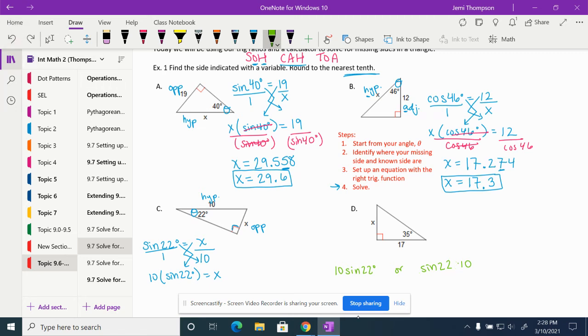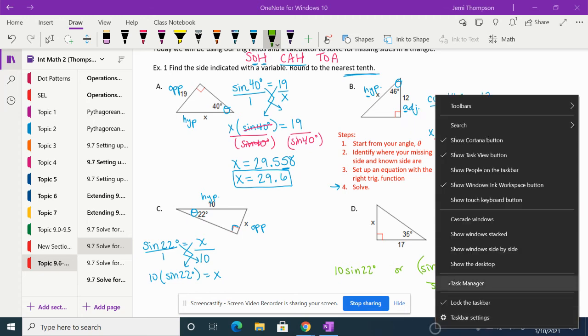I get the sine of 22 times 10, which somebody might mistake by doing 22 times 10, which is not the same thing as 10 times sine of 22. So, way wrong, okay? Have to have those parentheses.